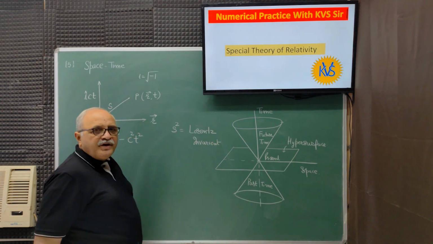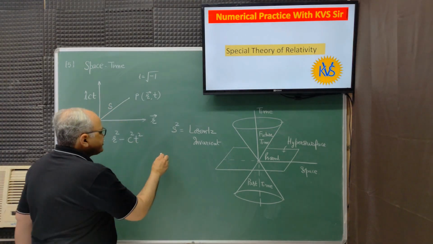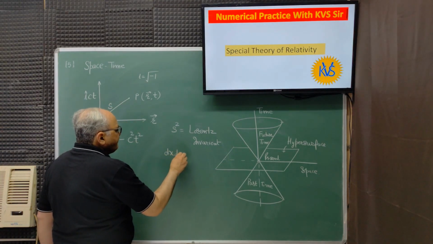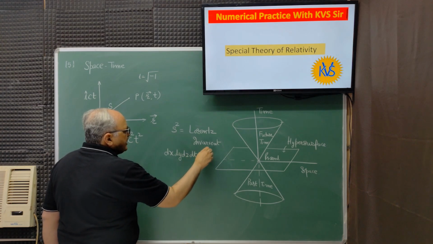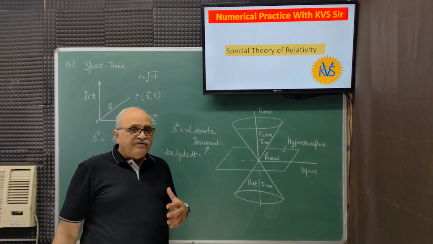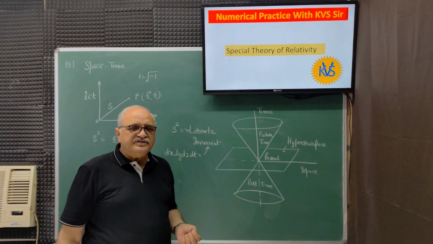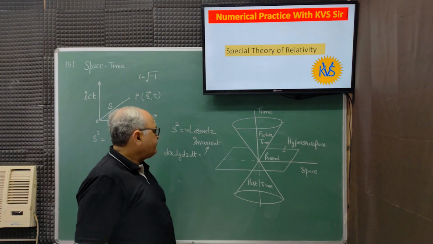Moreover, if you take a 4-dimensional volume which can be given as dx, dy, dz and dt, this also is Lorentz invariant. So this is the advantage of the space-time coordinate system. It helps you visualize it in an easier way.